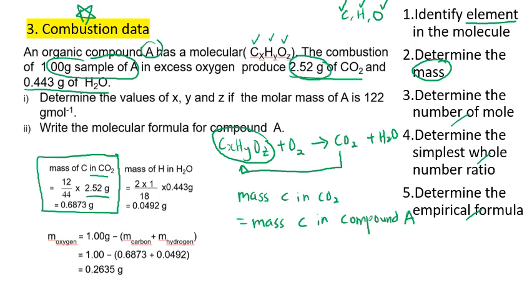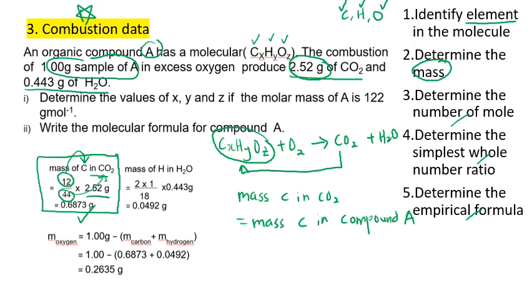Then why do we use 12 over 44? The 12 refers to the atomic mass of carbon, while the 44 is the molecular mass of carbon dioxide. When we do this, we will be able to get the mass of the carbon in carbon dioxide.